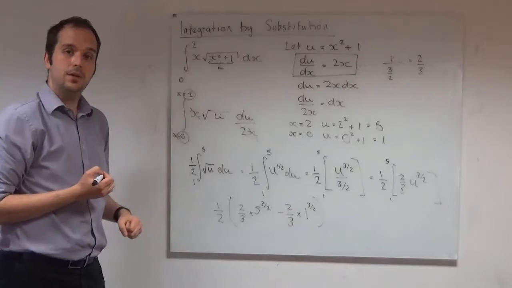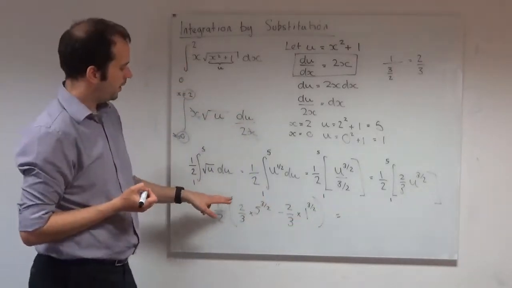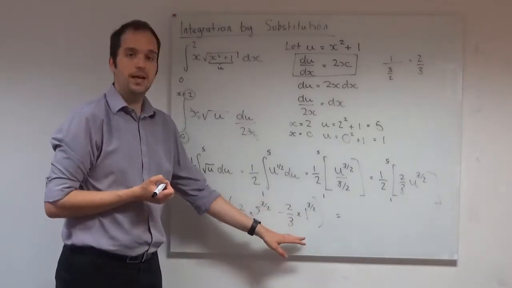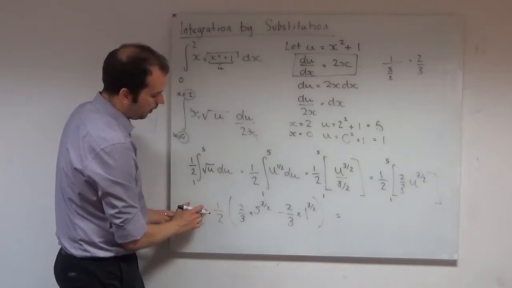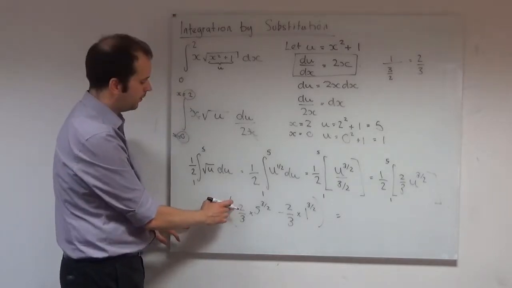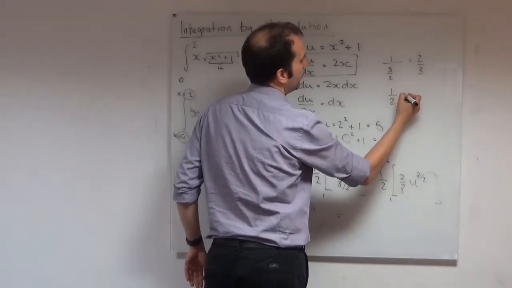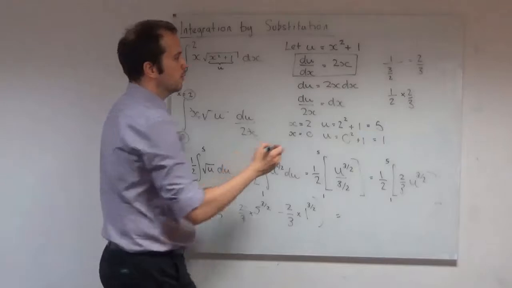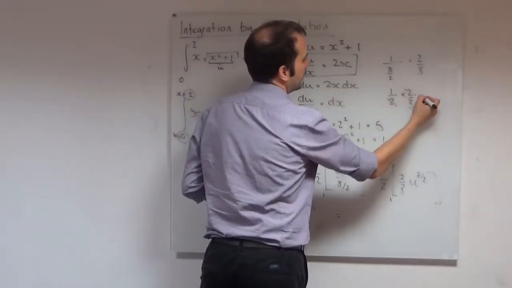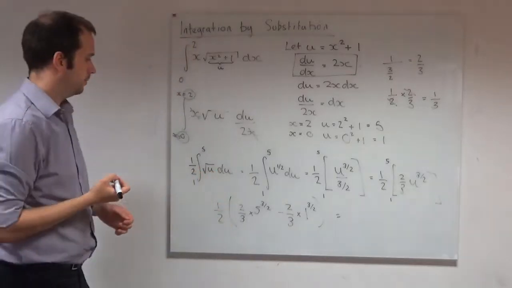All we need to do now is tidy this up. So we can see both terms have got a 2 over 3. So I'm going to bring that out the front. So I'm going to end up with a half times 2 over 3. Well, the 2 and the half cancel to leave me with just 1 over 3.